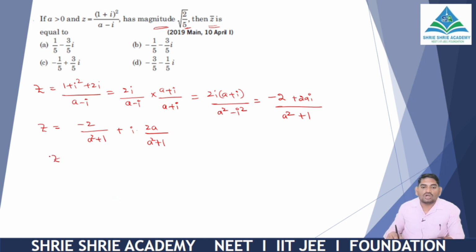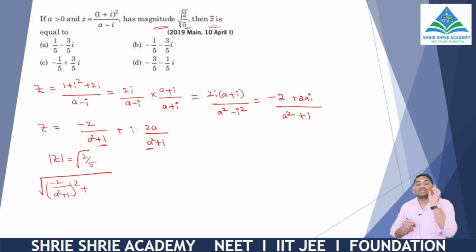What is z here? z is minus 2 by a² + 1 plus i into 2a upon a² + 1. The modulus of z is the square root of the real part squared, minus 2 upon a² + 1 whole square, plus the imaginary part squared, 2a upon a² + 1 whole square, which is equal to root over 2 by 5.